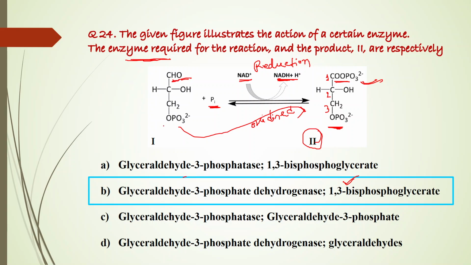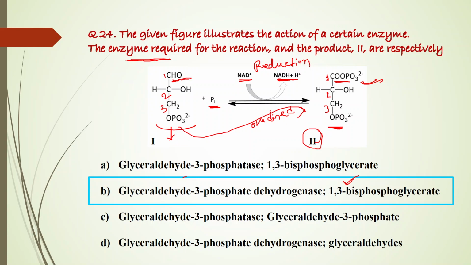So the name of this compound is glyceraldehyde. You have 1, 2, 3. So this was your glyceraldehyde, but at the 3 position you have phosphate. So the name of this compound is glyceraldehyde 3-phosphate, and its dehydrogenation is taking place.